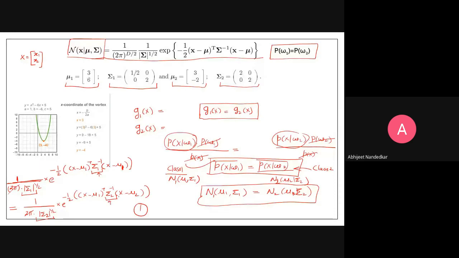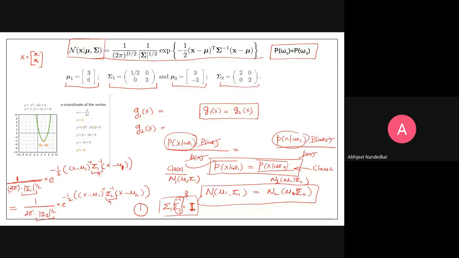Here it is the inverse of a 2D matrix. If it is 3D, then you have to find the inverse of a 3-dimensional matrix, and if it is 4-dimensional, the inverse of a 4-dimensional matrix. I hope you recall that. What is the inverse of a matrix? If I take sigma 1 multiplied by its inverse, it will give you the identity matrix.